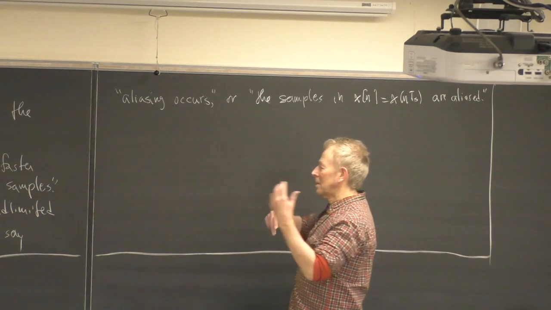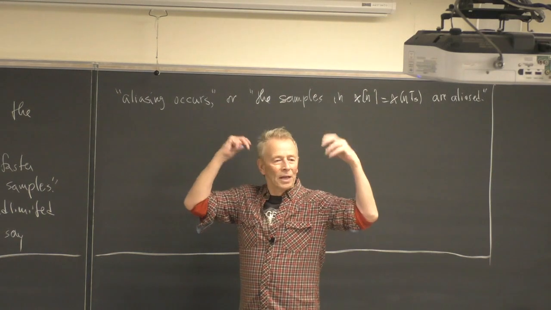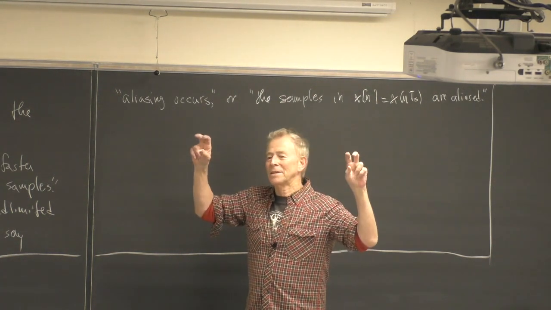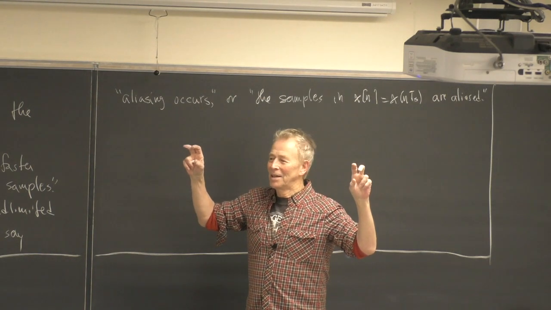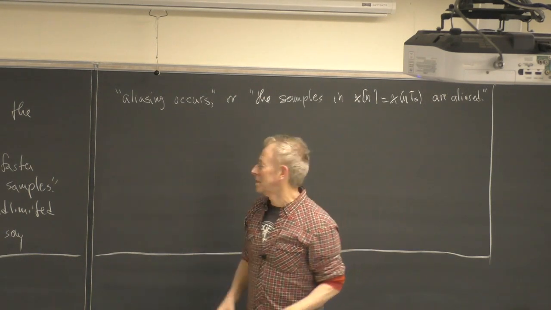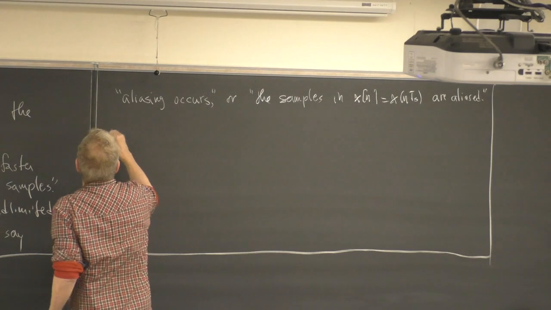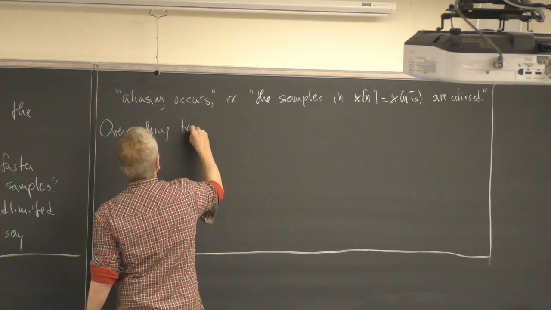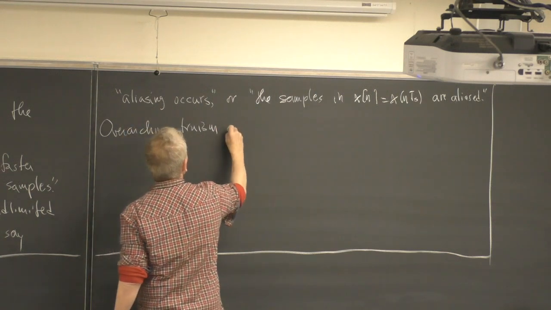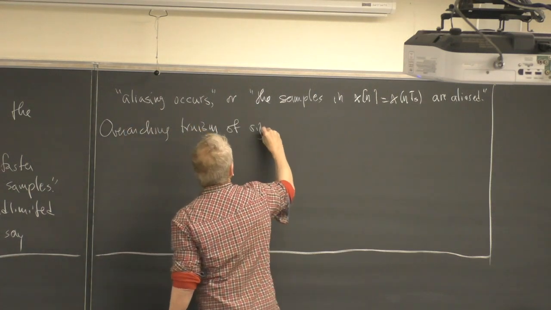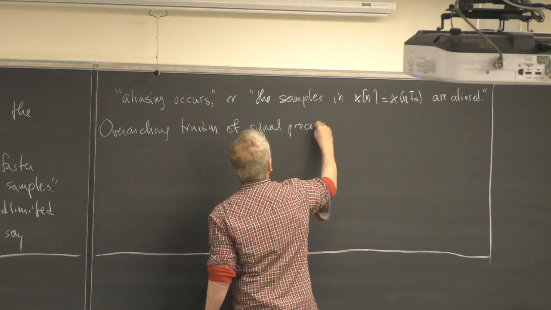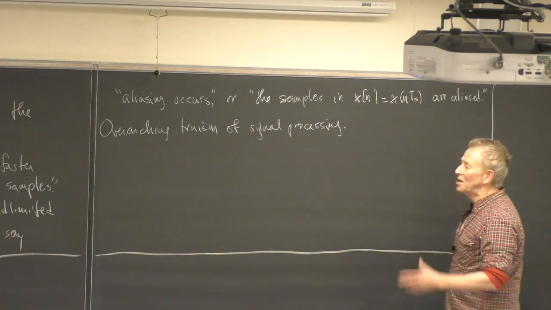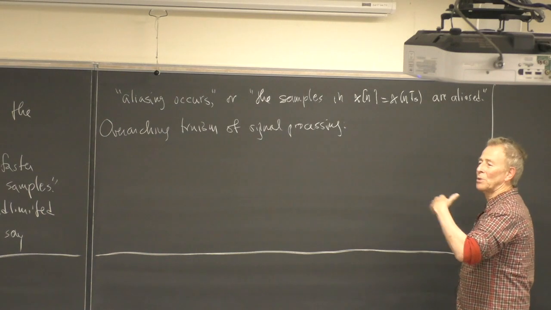And one of the background ambient mantras of signal processing is, quote unquote, aliasing is bad, right? You want to avoid it. So this is an overarching truism, because in a sense we know what happens when you sample slower than the Nyquist rate.